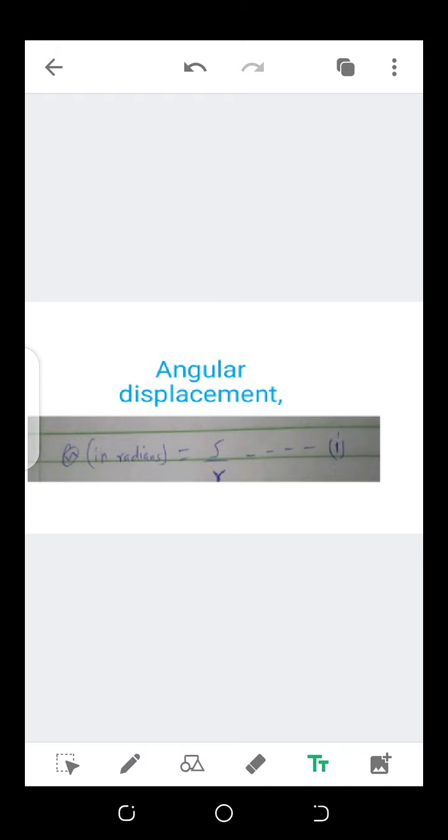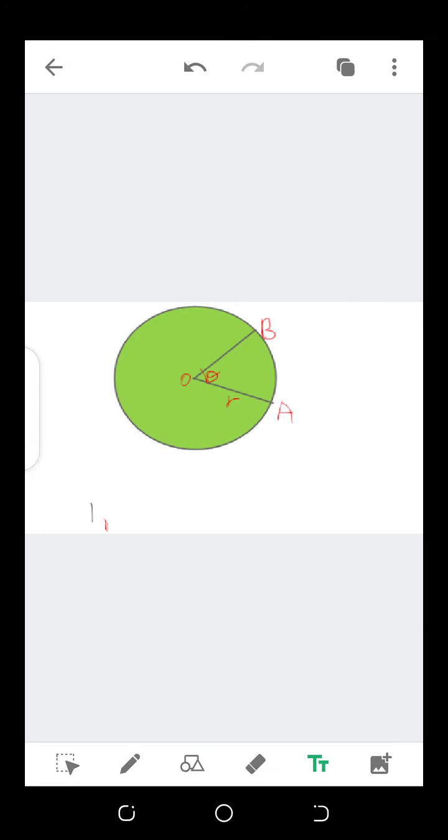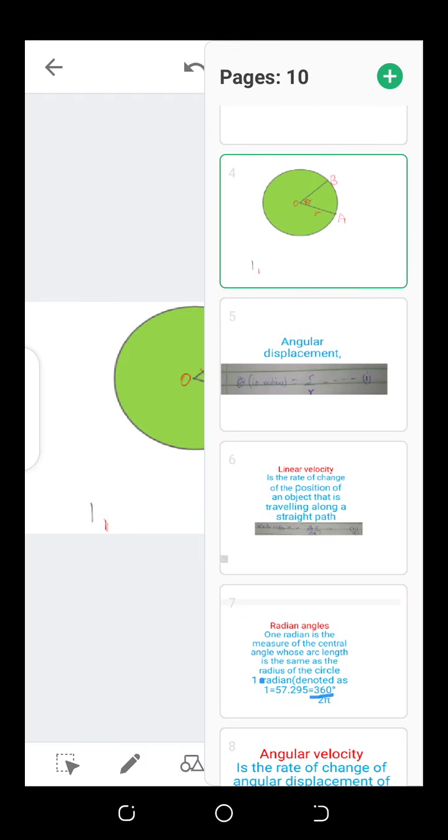I've said that you take the length of the sector AB. To find the length, you just take theta over 360 times 2 pi r, and then make theta the subject of the formula. Then you get that theta is S times 360 over 2 pi r.